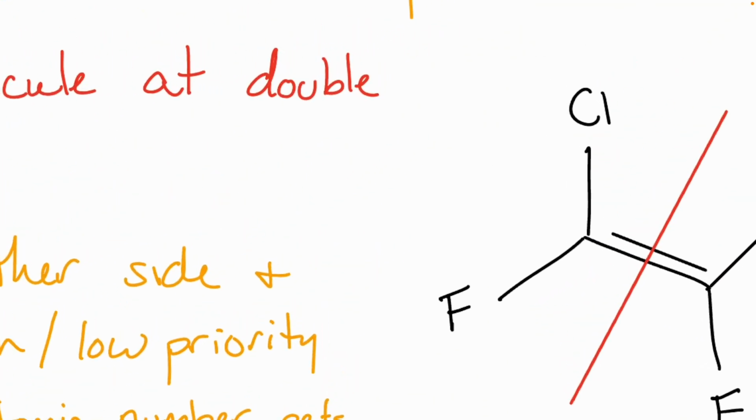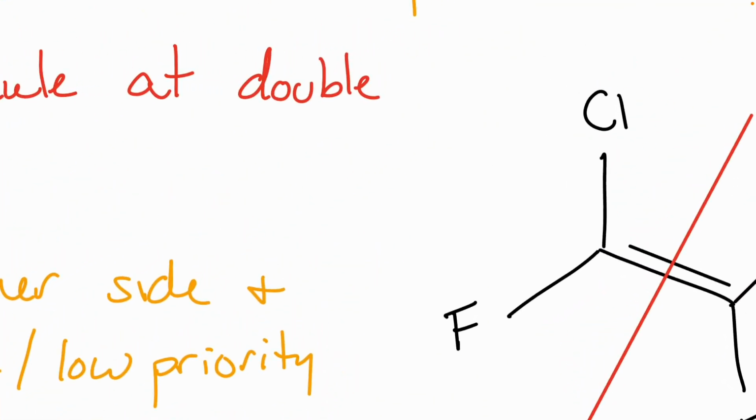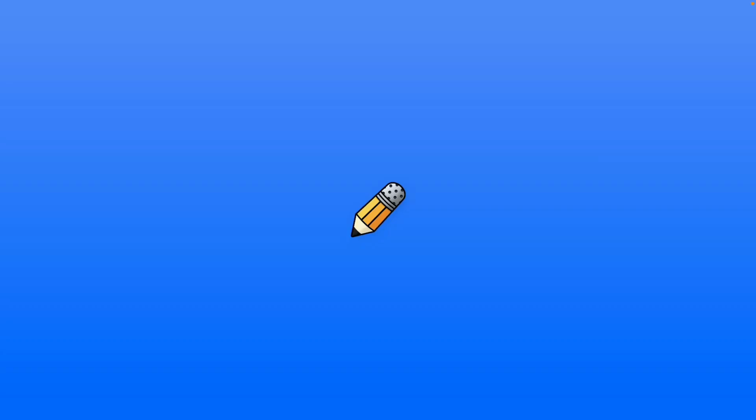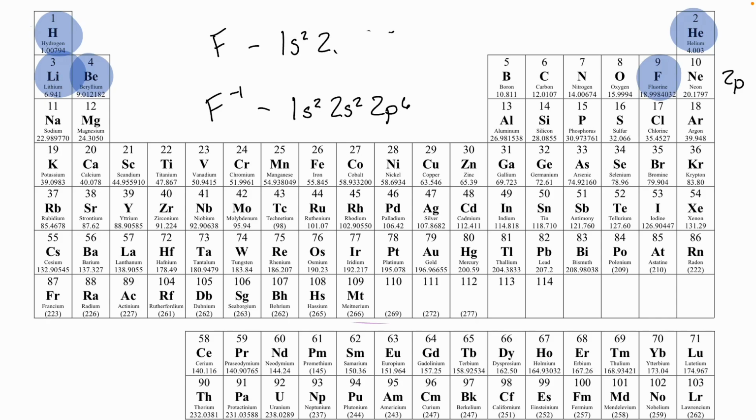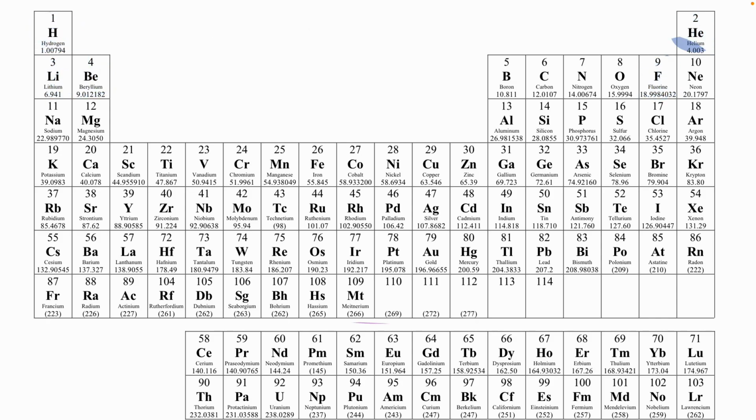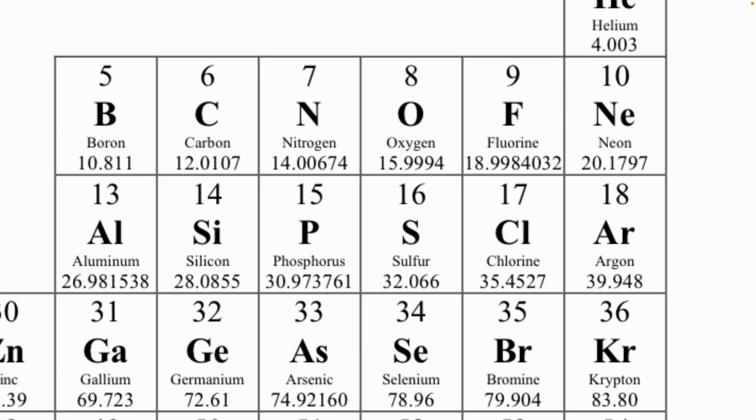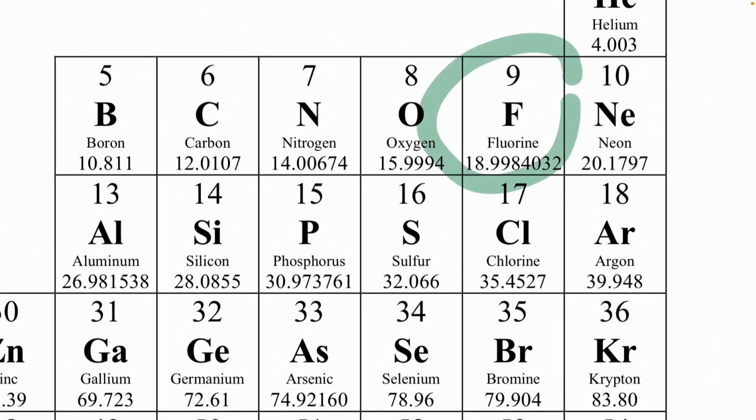So chlorine, fluorine, which one is the highest priority group? If we go to our periodic table, one of my groups is a fluorine. The other group is a chlorine. Which one has the higher atomic number? Chlorine.